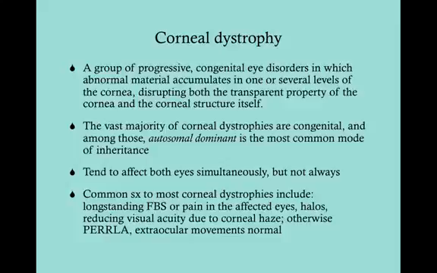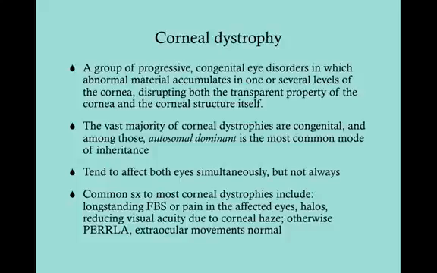So these are a group of progressive congenital eye disorders in which abnormal material accumulates in one or several levels of the cornea, and this disrupts the transparent property of the cornea as well as the corneal structure itself. So essentially what's going on is because you have a genetic mutation, the cells are creating something that they shouldn't be creating, and because of that you're disrupting that fine organized corneal layer.